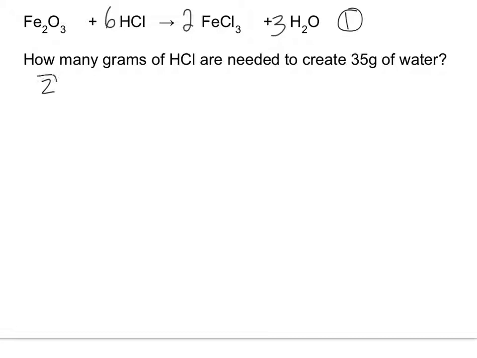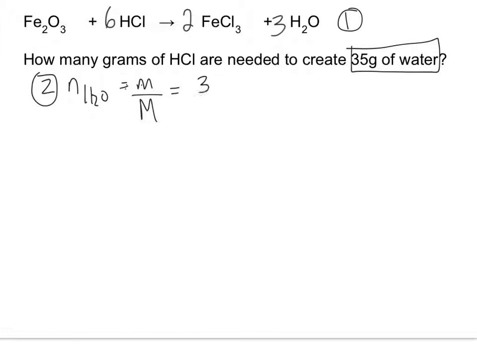Our second step is we want to take our known value, so 35 grams of water, and convert that to moles if required, which in this case it is. So the moles of water is going to be our mass divided by our molar mass of water.